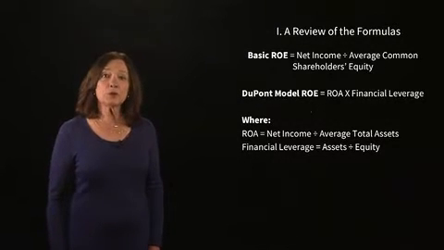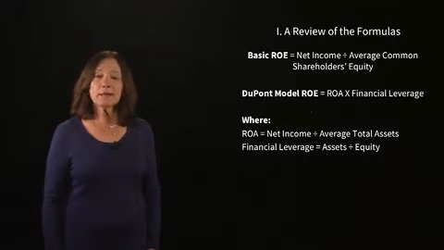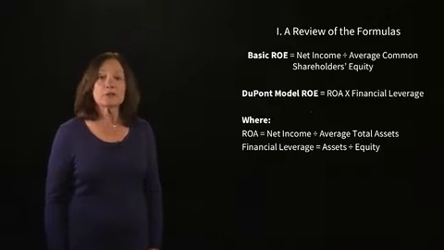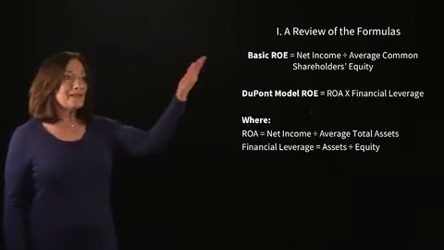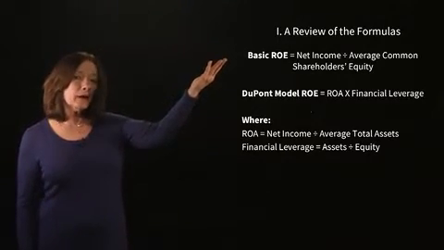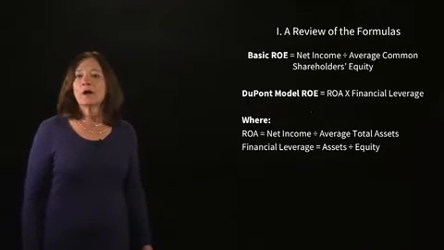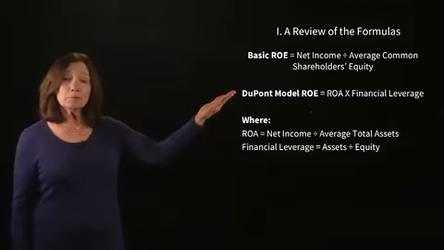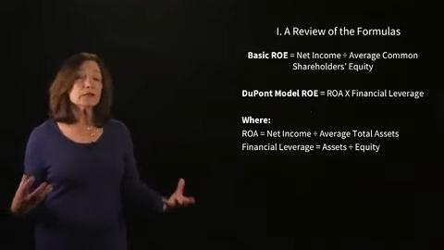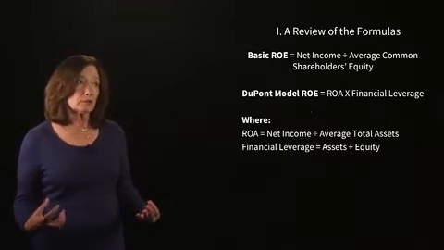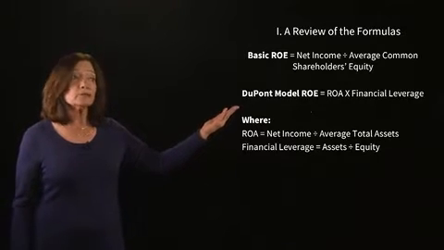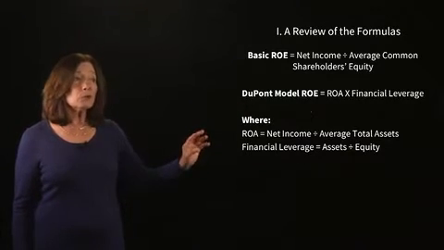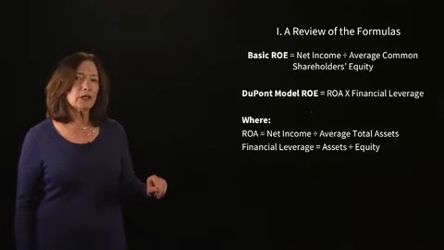Now let's review the ROE formula the same way that we reviewed our return on assets. So the basic ROE is net income divided by our average common shareholder equity. The DuPont model expands this again into two separate calculations. One we just looked at, return on assets, and we're going to multiply that by our financial leverage.